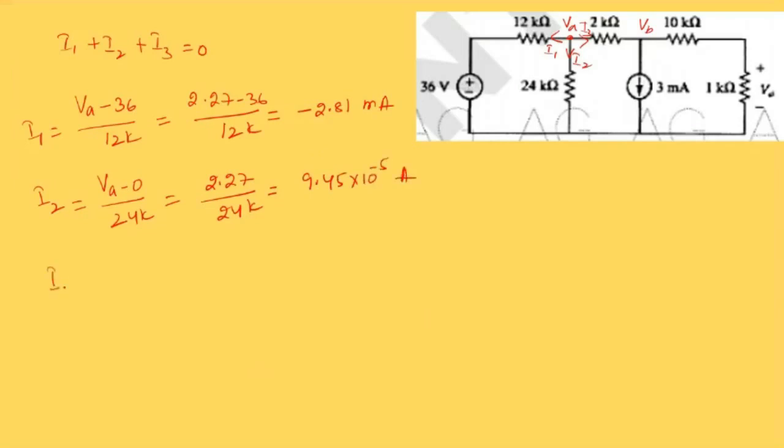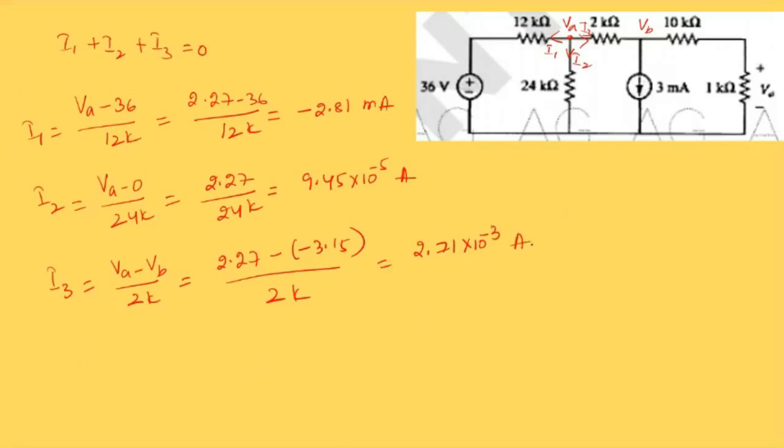Now I3 is equal to (VA minus VB) by 2K. So VA is 2.27 volts, VB is minus 3.15. So (2.27 minus (minus 3.15)) divided by 2K, so it is 2.71 into 10 power minus 3 ampere.